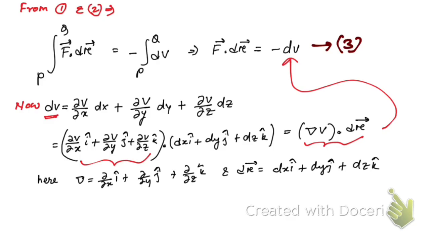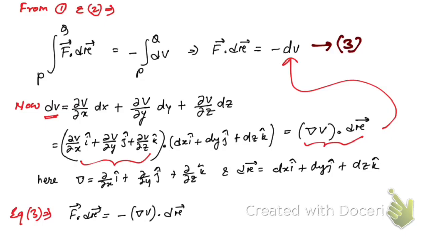Then from equation number 3 it implies F dot dr is equal to minus, instead of dV we can write grad V dot dr. That's what we can write.